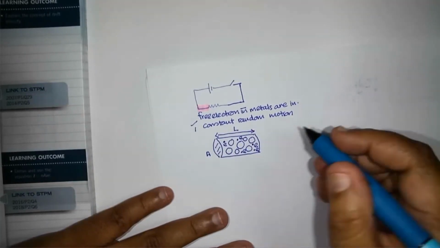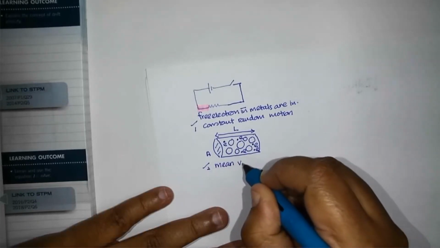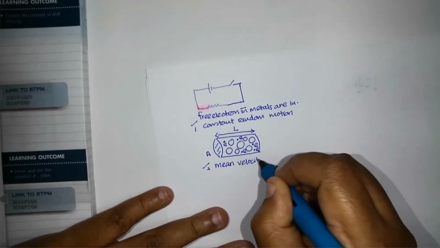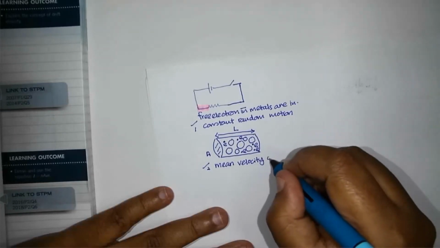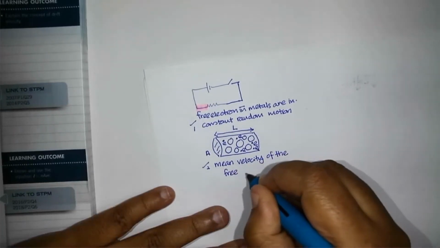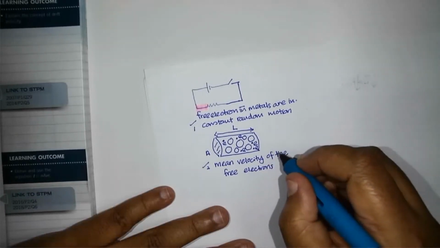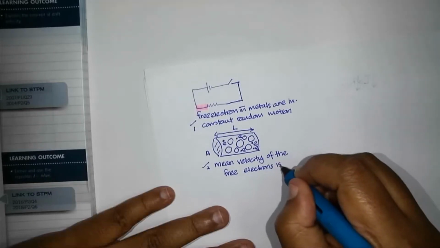Number one, the mean velocity of the free electrons is 0.